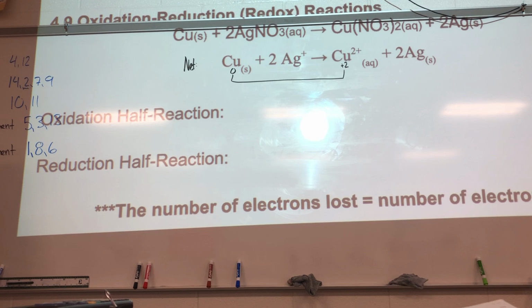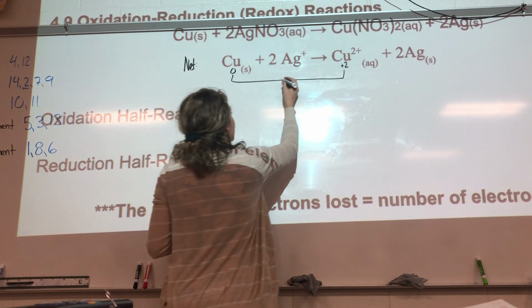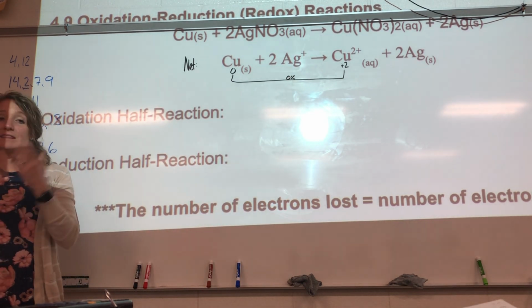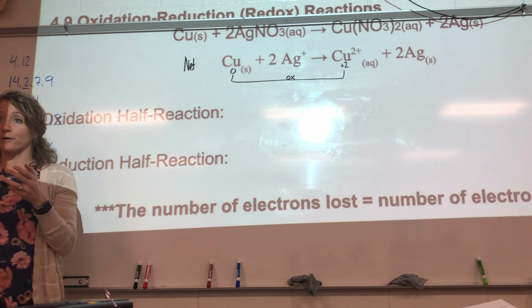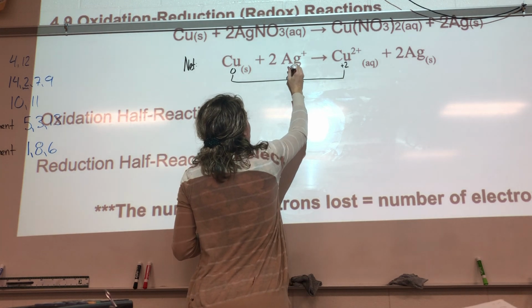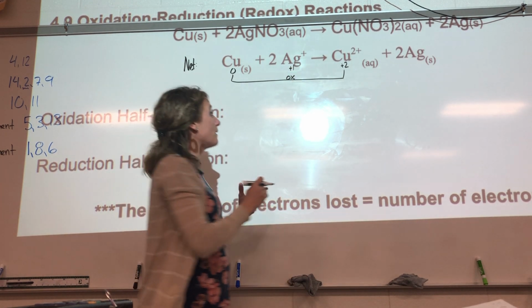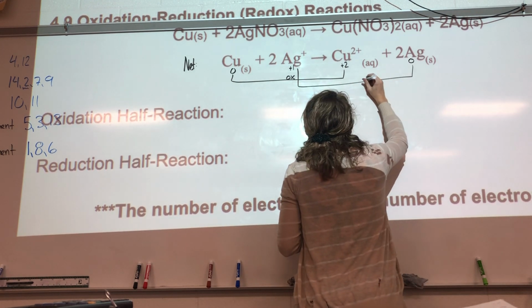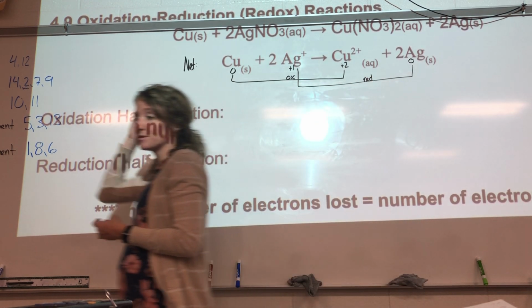If something gets more positive, is it gaining or losing electrons? Losing. And losing means oxidation. So in this reaction, our copper is being oxidized. Our silver is going from +1 to 0, and so our silver is being reduced.